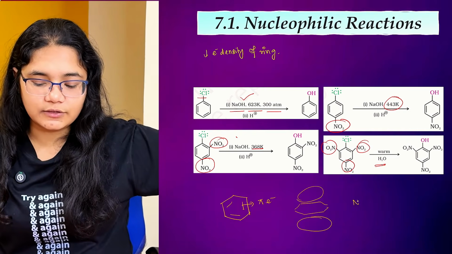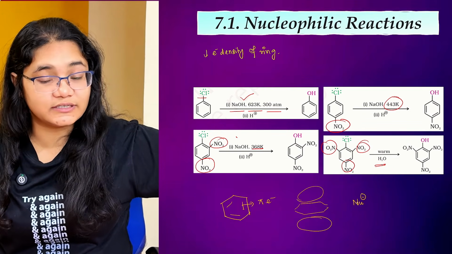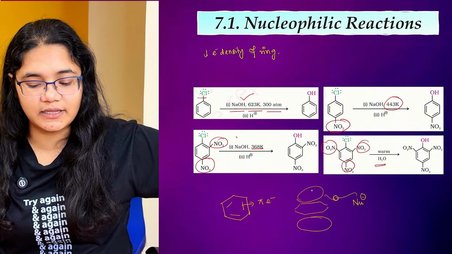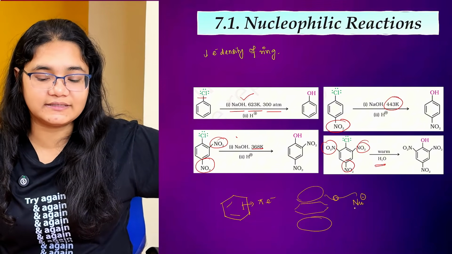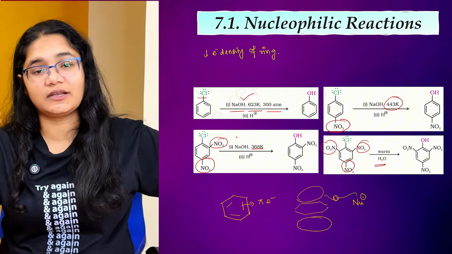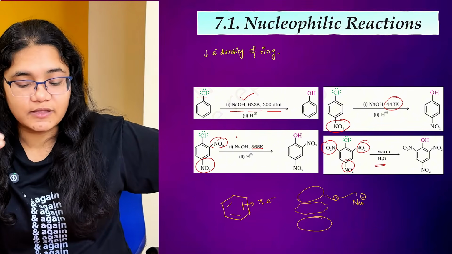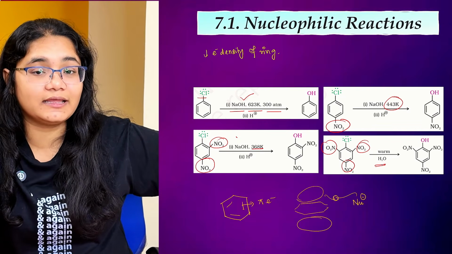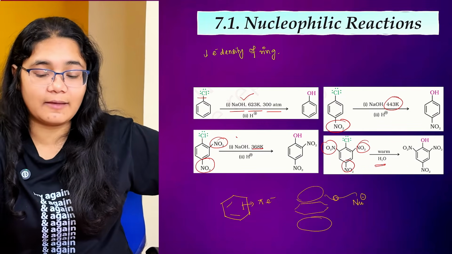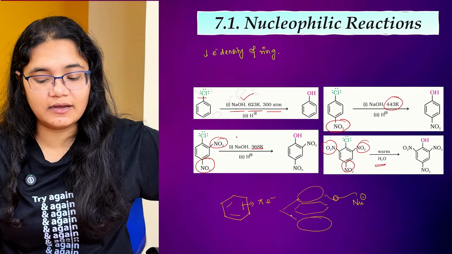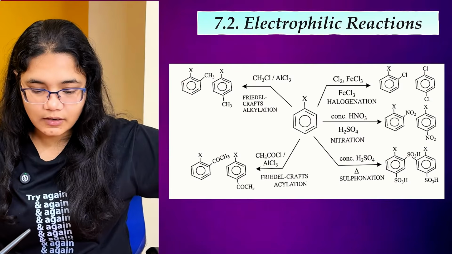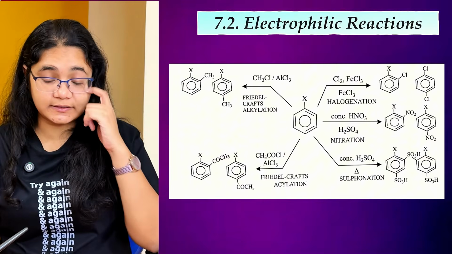The nucleophile is also electron rich, and benzene is also electron rich, so there is a repulsion between the electron cloud of benzene and the nucleophile, because of which the reaction is further reduced. So if we can reduce the electron cloud of benzene by adding electron withdrawing groups, then the reaction can be done faster, because the nucleophile can attack here. Clear? Next we'll see the electrophilic substitution reactions.